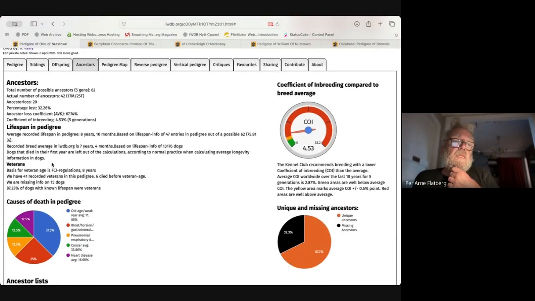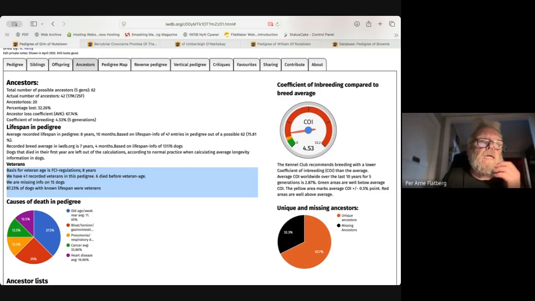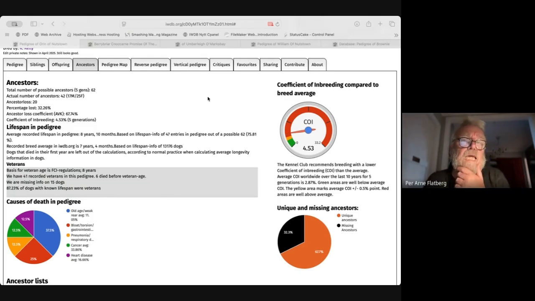I also look at this one here, which is important to me: how many died before veteran age? In FCI, the worldwide dog organization, mainly European, the veteran age is 8 years. I know that in the US it's 6. I don't know what it is in Canada.